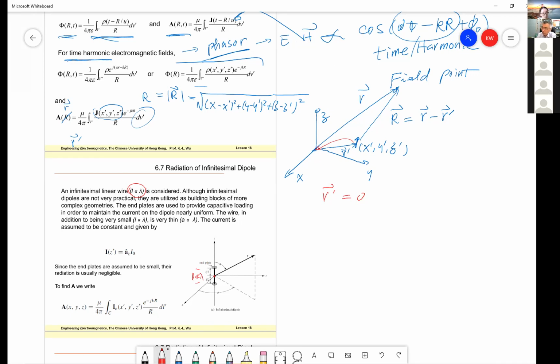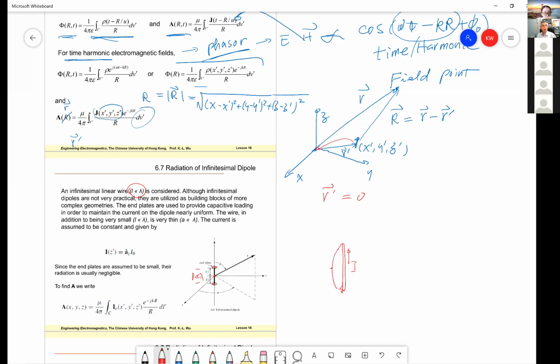And then I put the two end plates. Why do I put the two end plates? Let me magnify this. I have a current. If I don't have end plates, what is that? The current will be equal to 0, right? The current magnitude at the middle is maximum, and at the two ends it has nowhere to go, so of course it is 0, right?